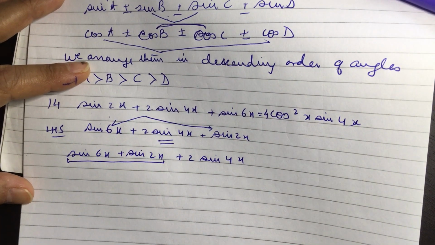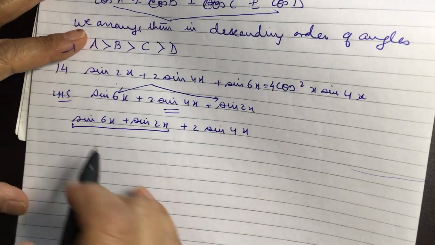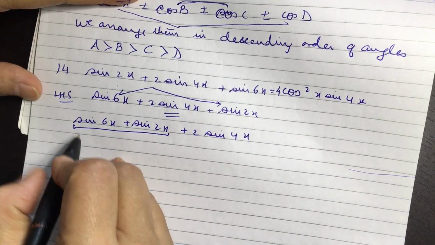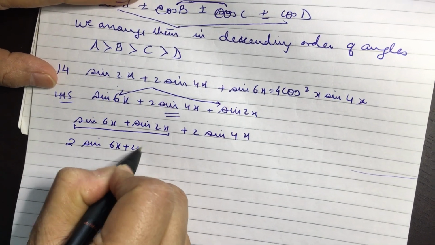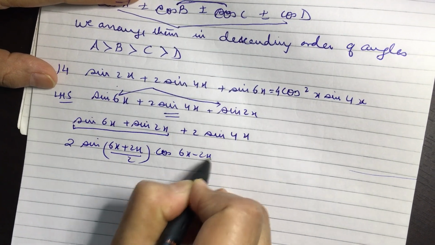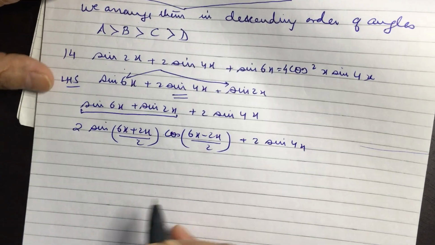Now in these two we will use the identity for sum of sine functions. So what do we get? 2 sine of (6x plus 2x) over 2, cos of (6x minus 2x) over 2, and the 2 sine 4x gets carried down as it is.